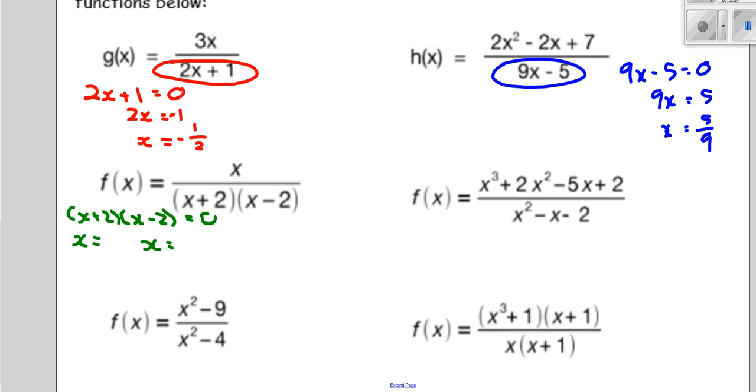Two. What would be the asymptote from this bracket? Negative 2. So two vertical asymptotes. Our domain for this one would be x is not equal to negative 2, x is not equal to 2, because the asymptotes are where the function doesn't exist. But here it just asks for the asymptotes, not the domain, so we just write x equals and that's it.